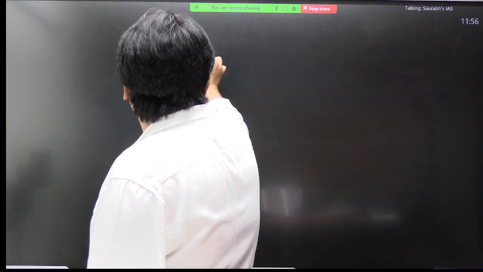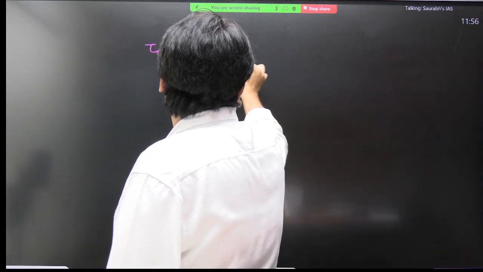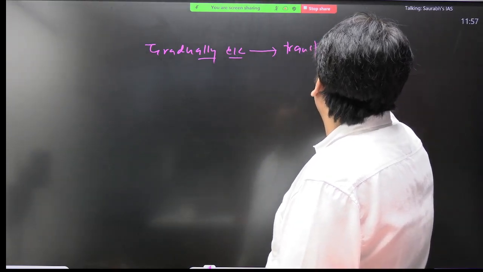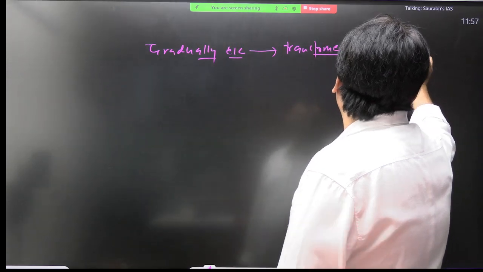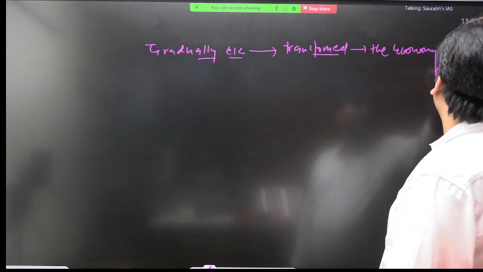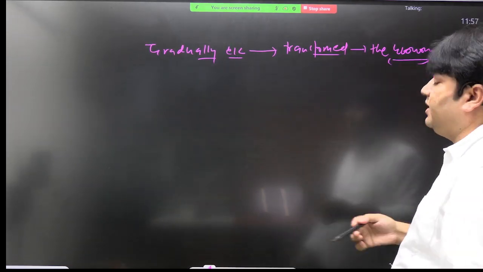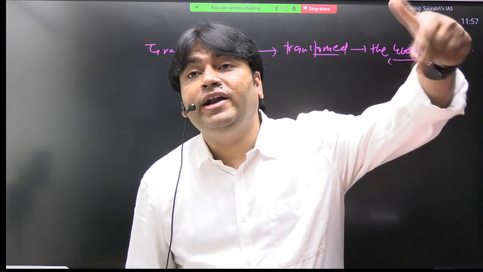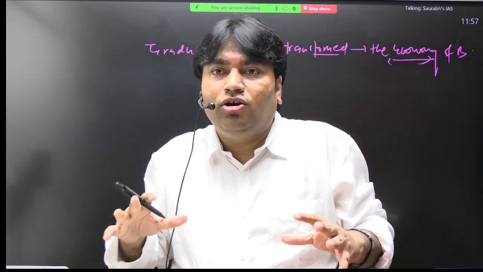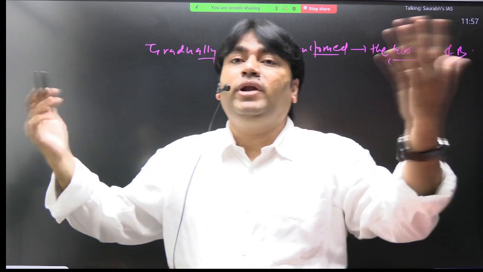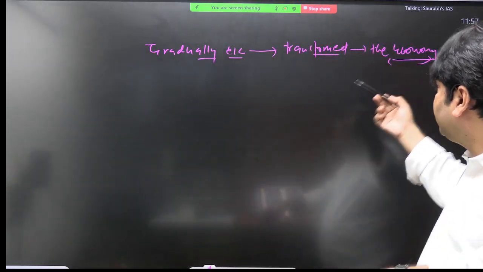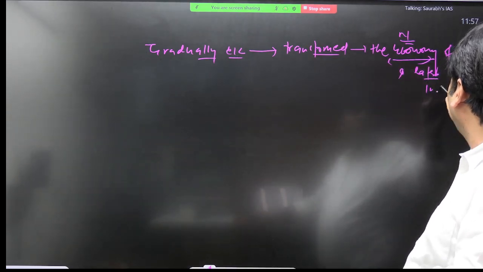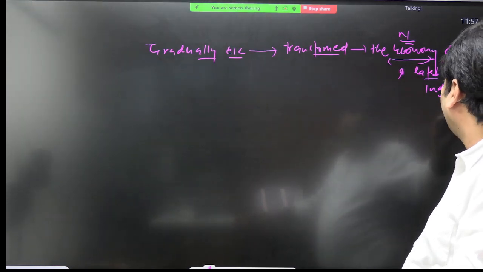EIC transformed the economy of Bengal and later the economy of India as a whole. पहले तो बंगाल की इकोनॉमी को चेंज करेंगे और बाद में पूरे इंडिया की इकोनॉमी के नेचर को भी बदल देंगे.